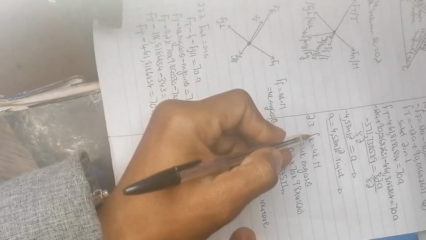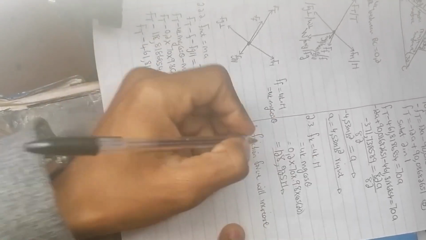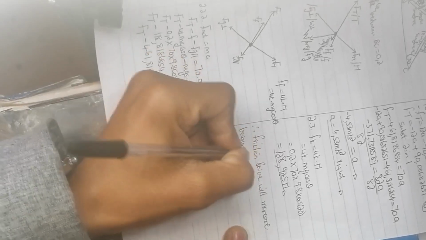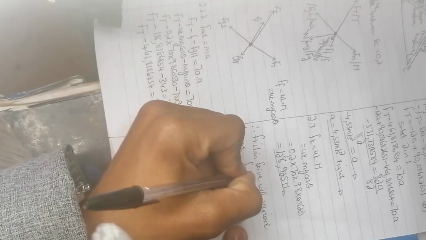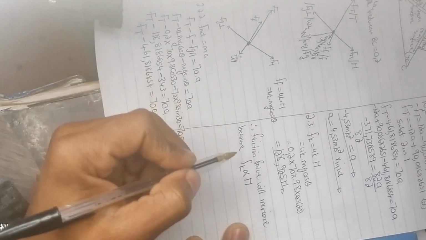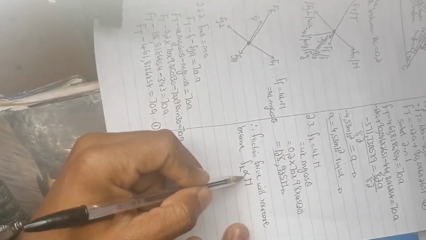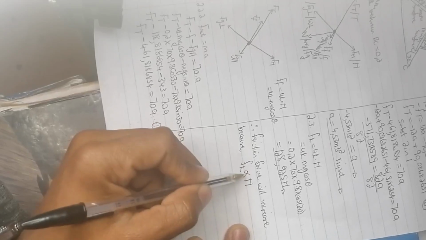And why? Can you see that friction force is directly proportional to the normal force? This will increase because kinetic friction is directly proportional to the normal force. So meaning, if the normal force increases, which is mg perpendicular, the friction will also increase.